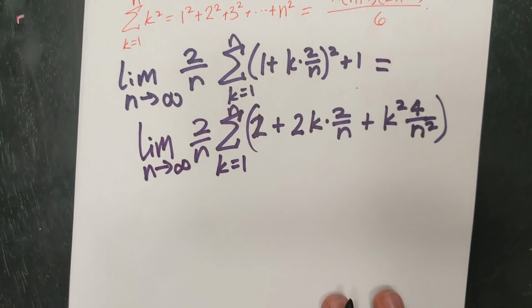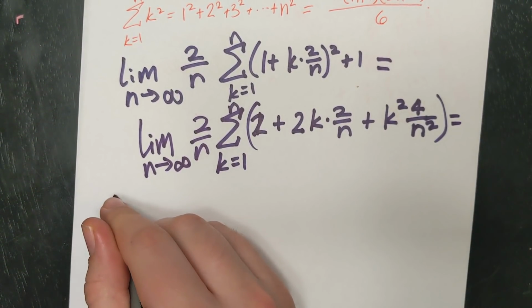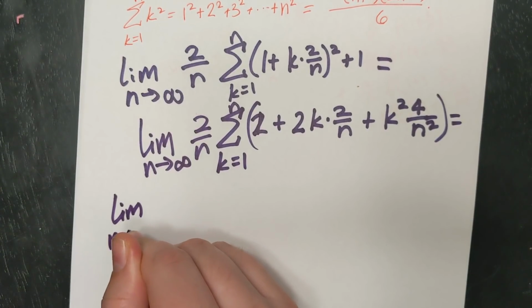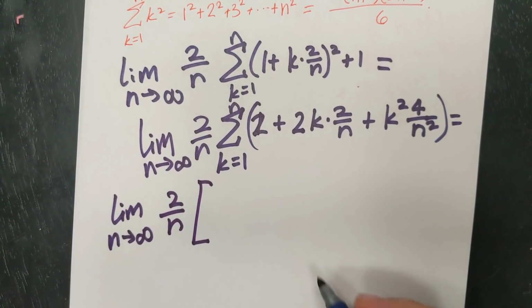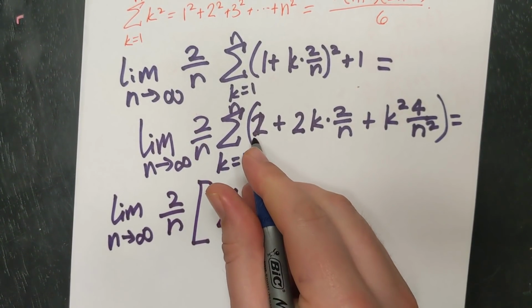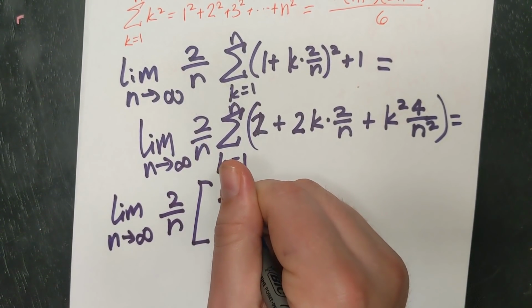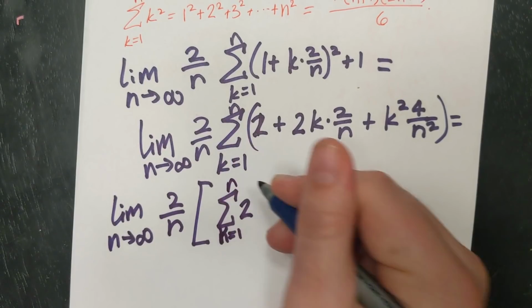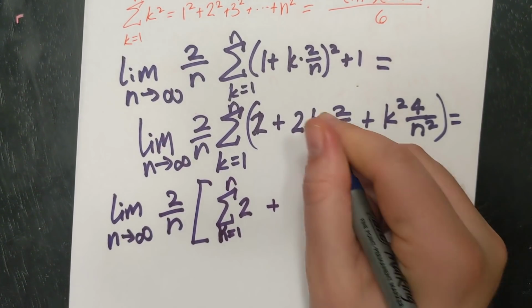Okay, let's keep going. Well, we can break up this sum. We can say this is the same thing as the limit as n goes to infinity of 2 over n of one piece at a time. This is like the sum of just 2 from k equals 1 to n, plus here I have the sum of this stuff.